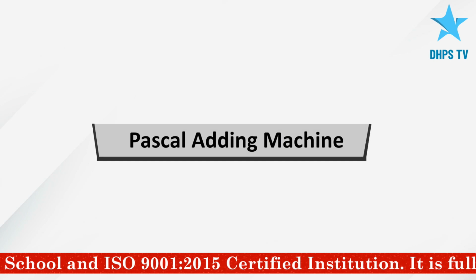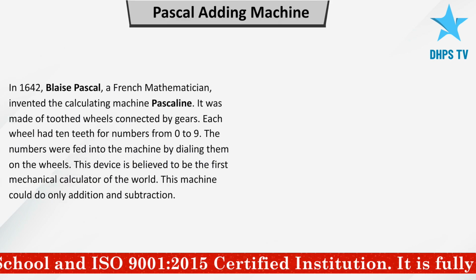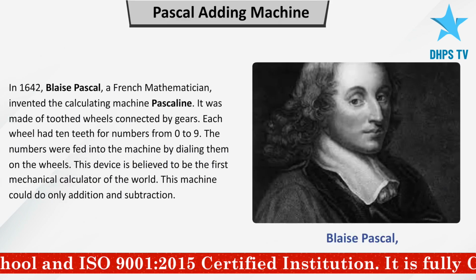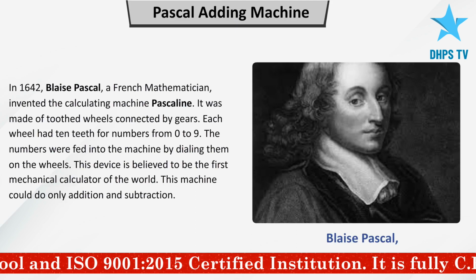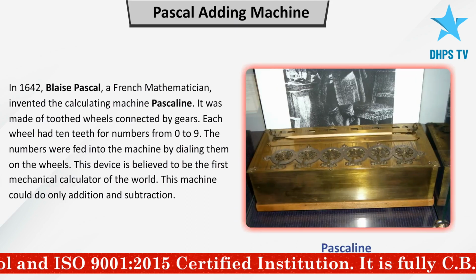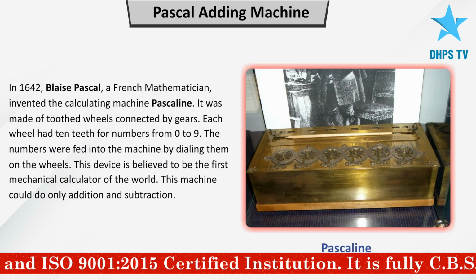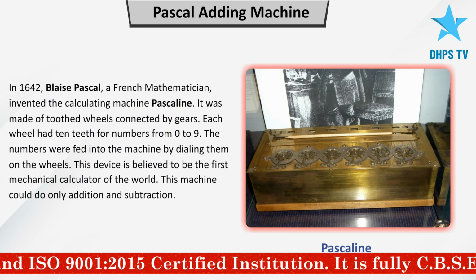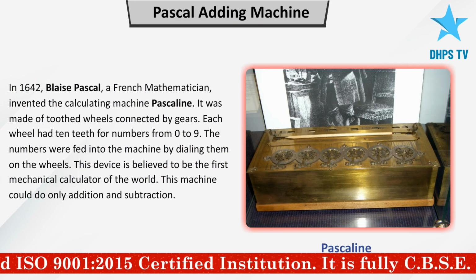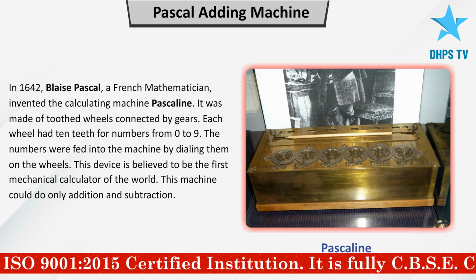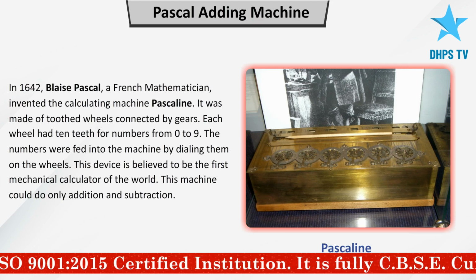Pascal adding machine. In 1642, Blaise Pascal, a French mathematician, invented the calculating machine Pascaline. It was made of toothed wheels connected by gears.